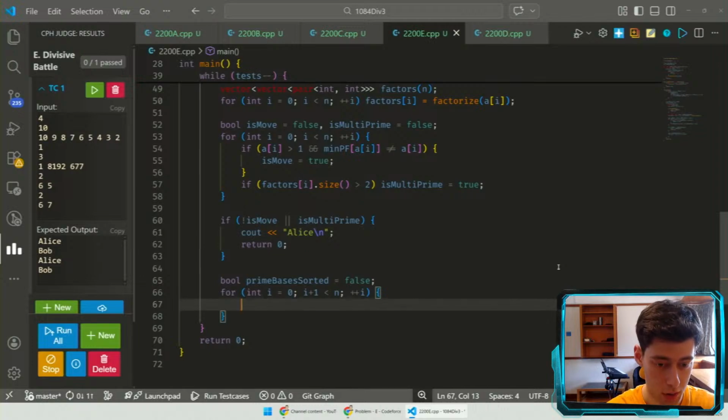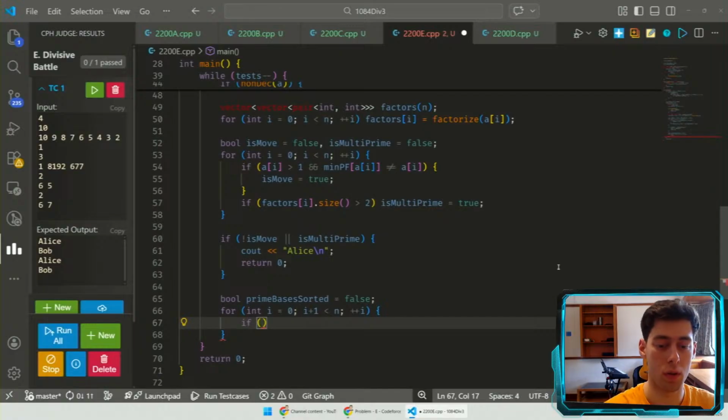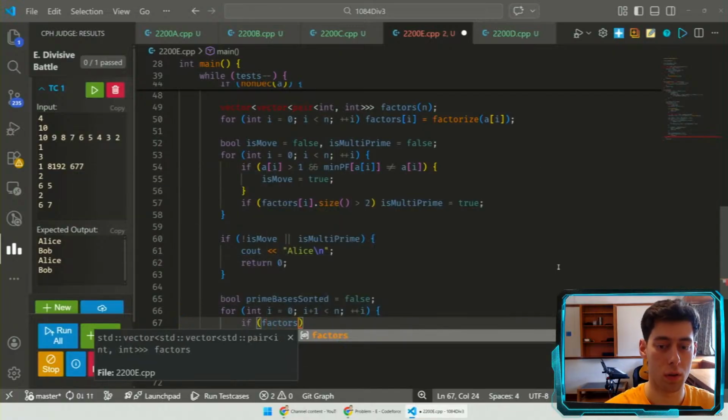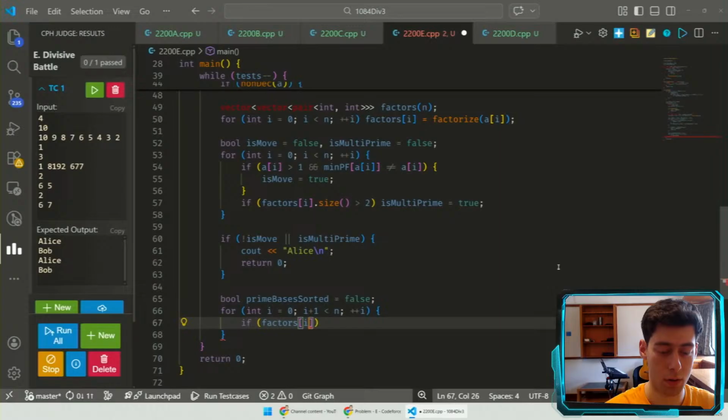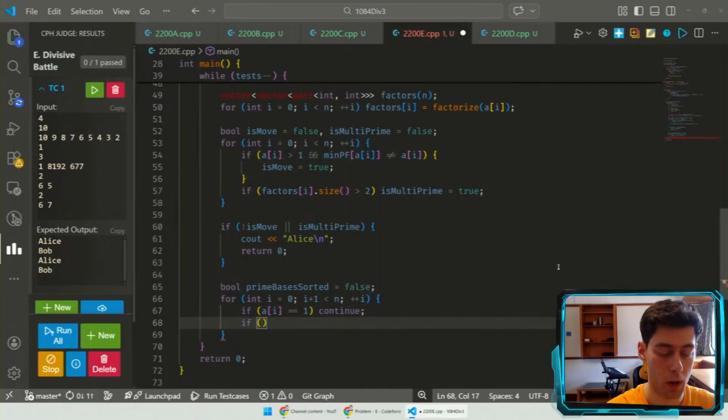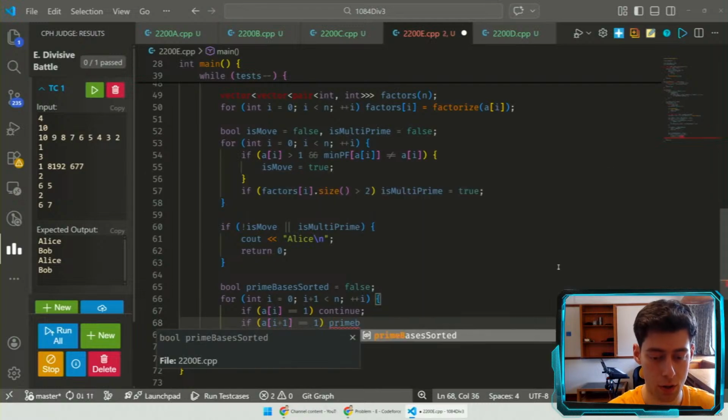So if factors I is empty, if AI equals 1 continue. If AI plus 1 equals 1, and AI doesn't equal 1, therefore, since we're still here, then prime basis sorted equals false.